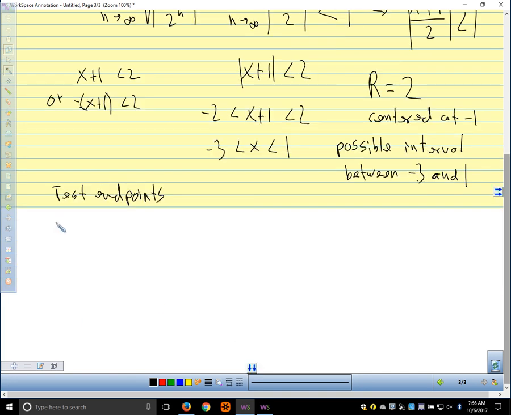When x equals -3, we have the sum from n equals 0 to infinity of (-1)^n (-2)^n over 2^n.